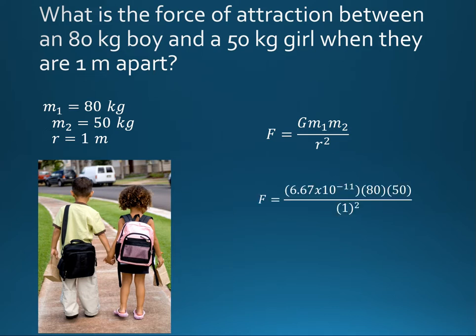So gravitational constant 6.67 times 10 to the negative 11, multiply the 80 and the 50 over 1 squared, and we find that the force of attraction should be 2.7 multiplied by 10 to the negative 7, and that's again measured in newtons.